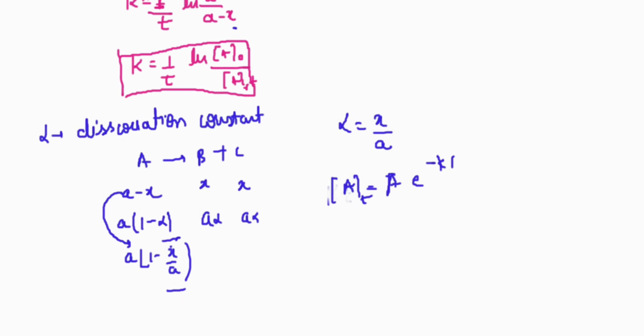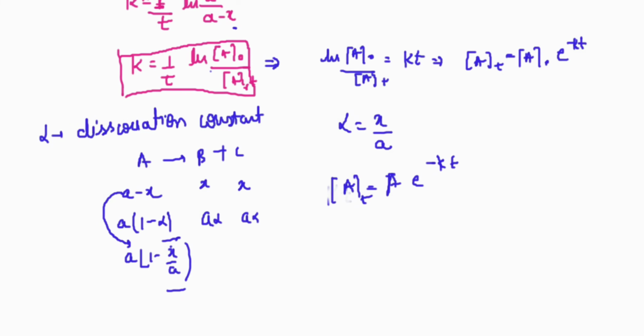So a t, which is a minus x, equals a into e to the power minus kt.